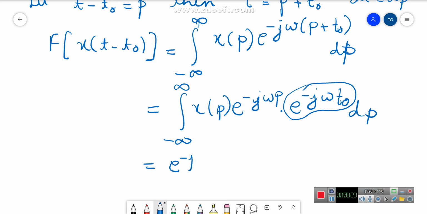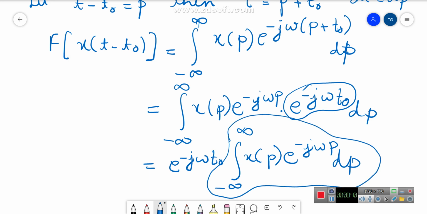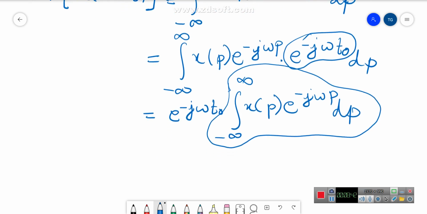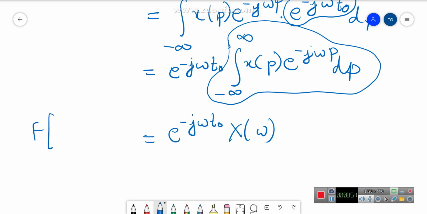So this is e to the power minus j omega t naught into the integral of x of p e to the power minus j omega p dp. From the definition of Fourier transform, this is X of omega. So this can be written as e to the power minus j omega t naught into X of omega. This is how my time shifting property is proved.